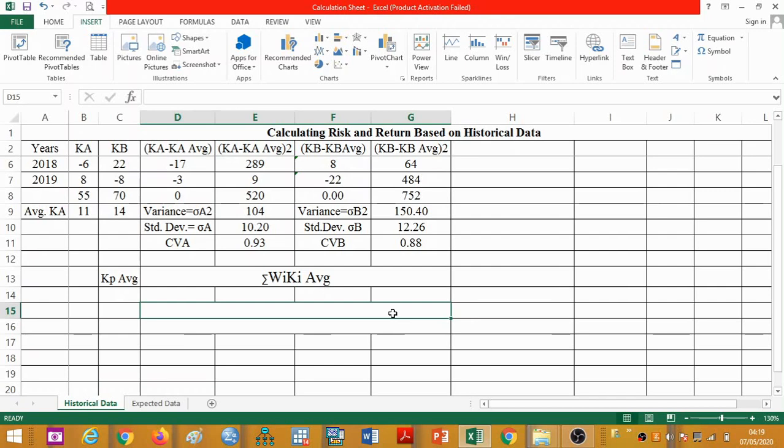So in this case, if I want to calculate it here, we need to assume the weightages first. Let's assume that the weightage for A security, WA, is equal to, let's say, 40%, and it means WB will be equal to 60%.